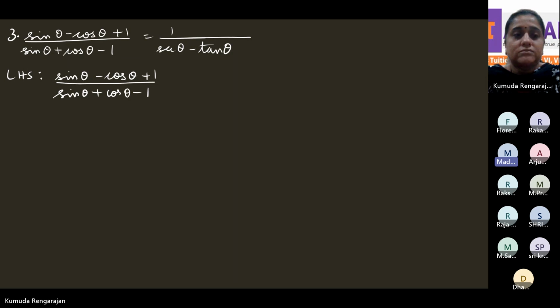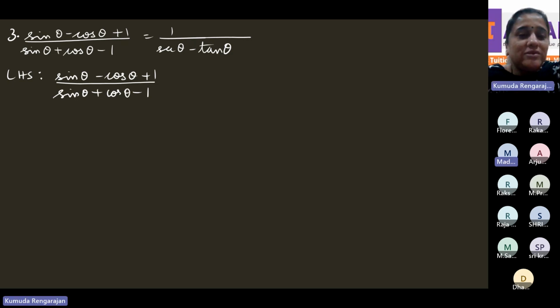Ma'am, in this case, should we write the RHS in terms of sine theta and cos theta? No, we are going to get started with the left hand side, right? Yes, ma'am, but it's already in the form of sine and cos theta. Yeah, correct. So that's why there's a different approach now. You're right.